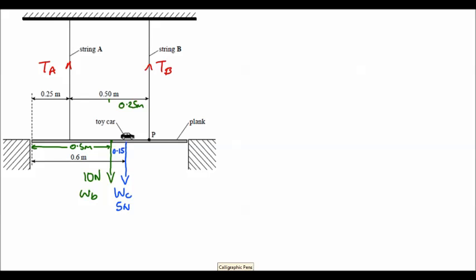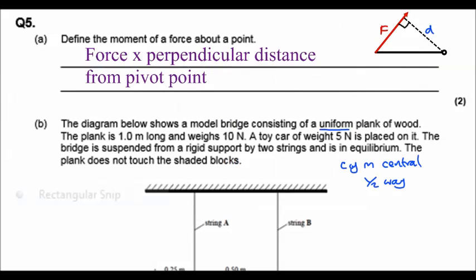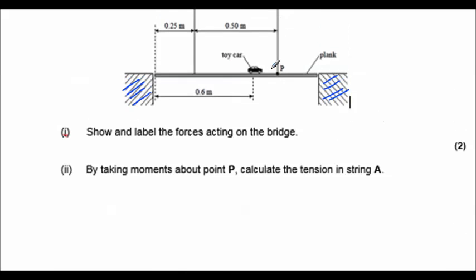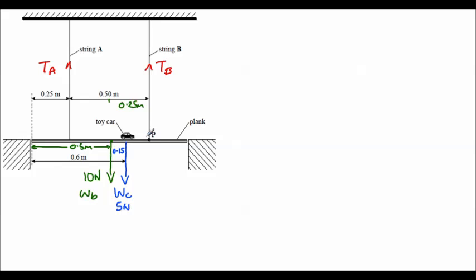So to figure out part 2, which I just go back to the start again. Right, here we go. By taking moments about point P, what they mean is that's your pivot point, point P. Calculate the tension in string A. So back to here. There's point P. We're looking at forces acting about that pivot.